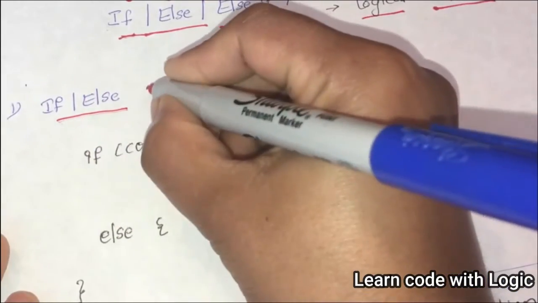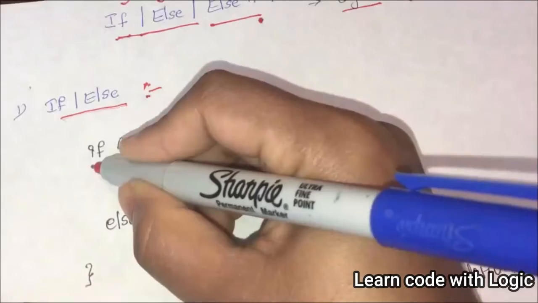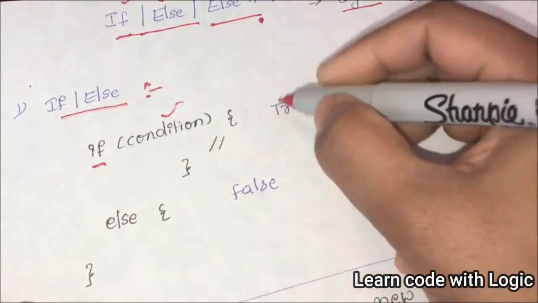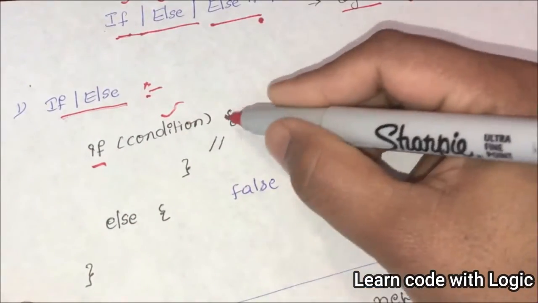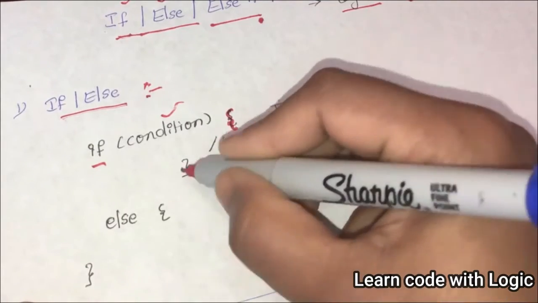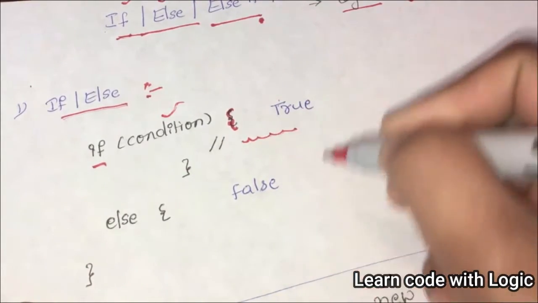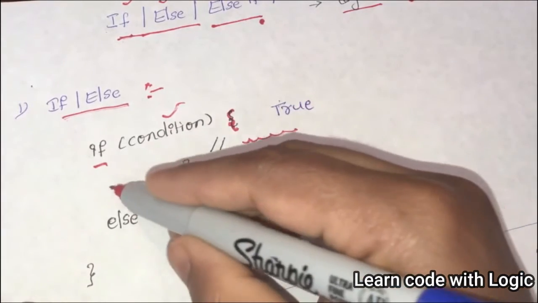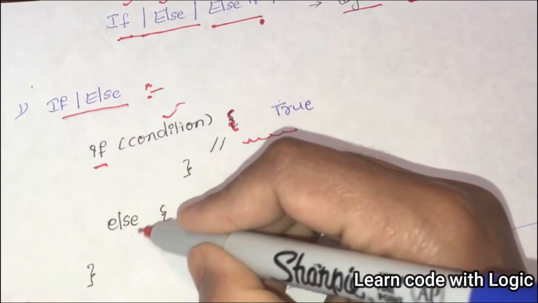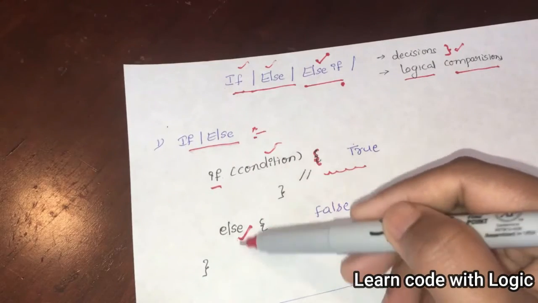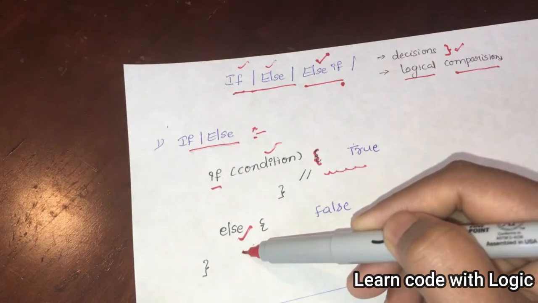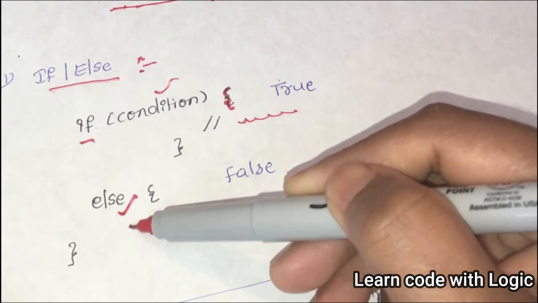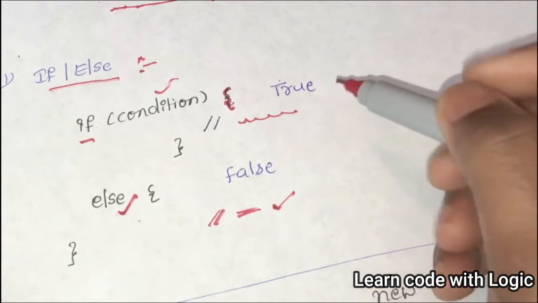Now let's see what is if and else. If checks the condition. If the condition is true, then it performs the operation whatever is there. If the condition is false, it immediately goes to else. So here if has a condition but else doesn't have any condition, it comes into the picture when the if condition is false.